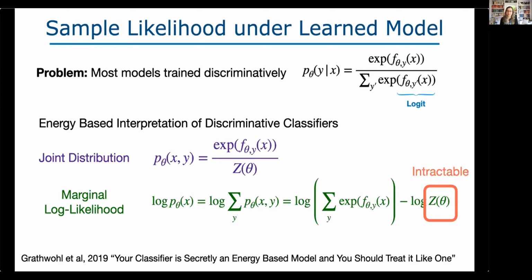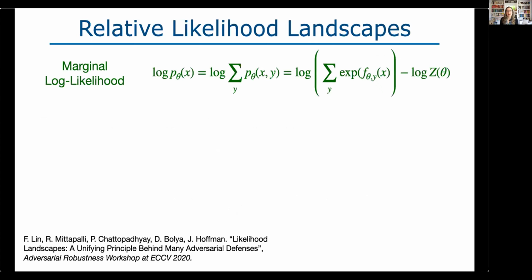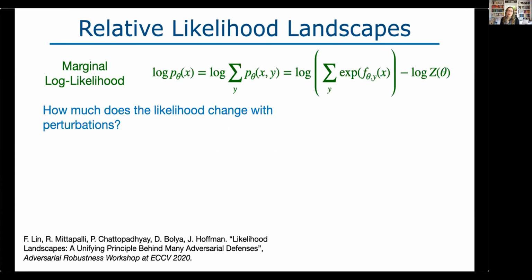What we proposed in this work was to think about relative likelihood landscapes. So again, we have the marginal log likelihood quantity written above. But what we really care about when we're thinking about adversarial robustness or robustness in general is how much does the likelihood change in response to perturbations?